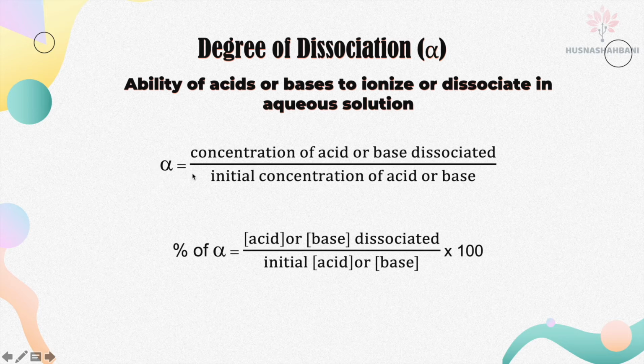It depends on the question whether you calculate for the acid or the base. Percentage of dissociation is the acid concentration or base concentration dissociated. This is the change in concentration over the initial concentration of acid or the initial concentration of base, times 100, because we want the percentage.